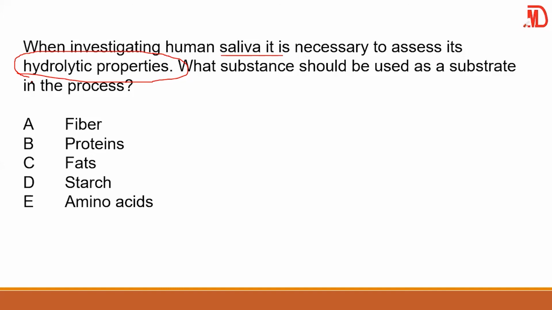So first of all, you must understand that the salivary glands in mammals are exocrine glands, which means they produce saliva through ducts. They can be classified as serous, mucous, or mixed, that is, seromucous.